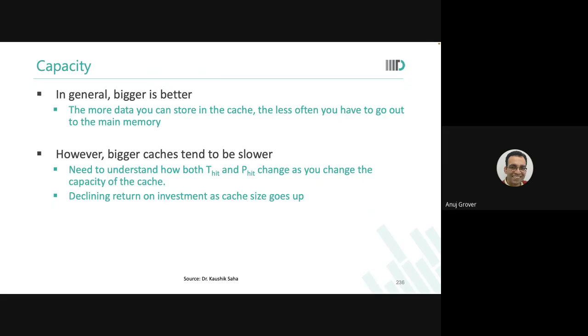Okay. Then capacity. Usually we think that bigger is better. Why bigger is better? Because my P hit will improve. The probability of hit will improve if I have more number of words available. But what we need to realize is that as the memory size grows, the T hit goes for a toss because the memory RC increases.